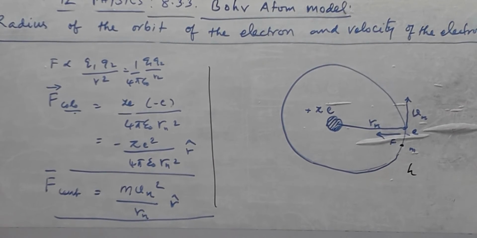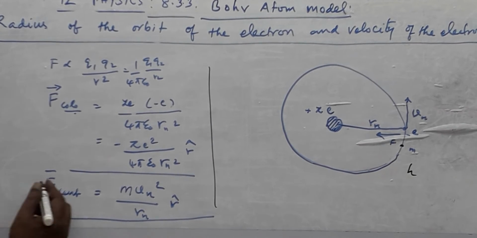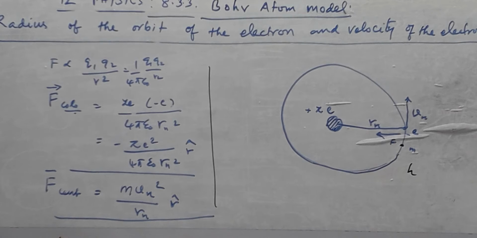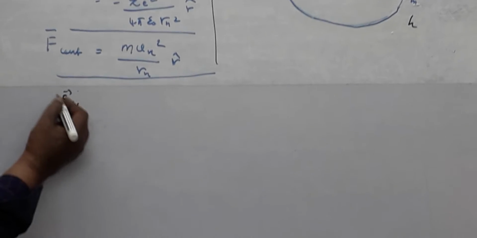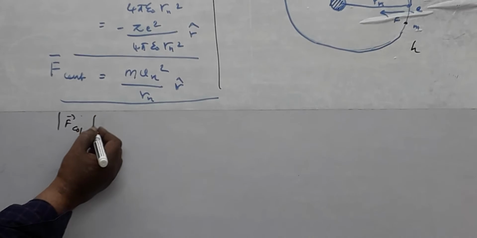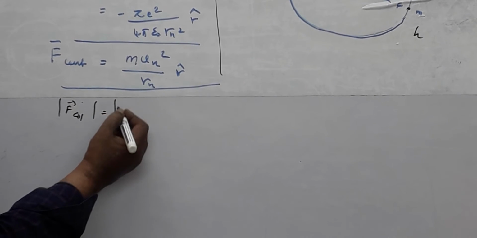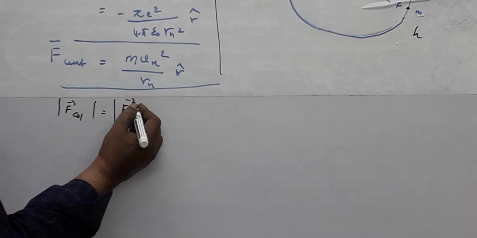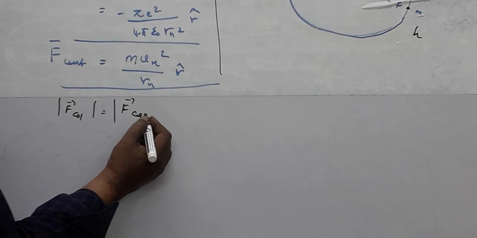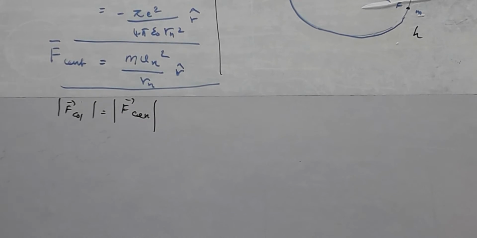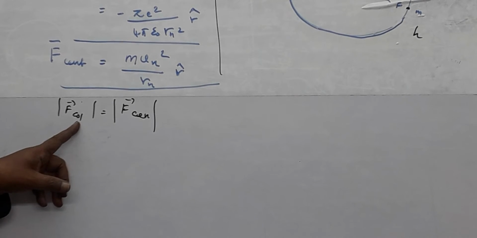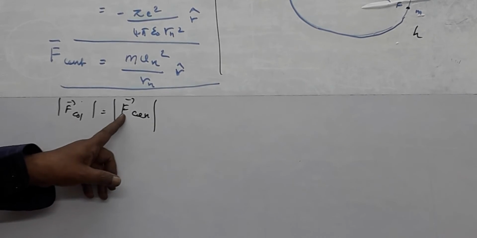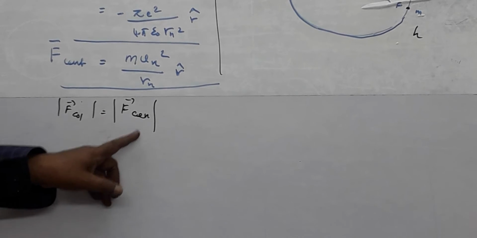Then we can write the modulus value of the Coulomb force vector equal to the modulus value of the centripetal force vector.